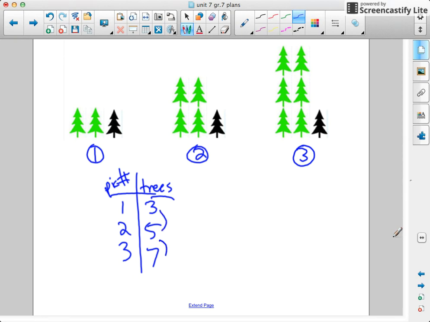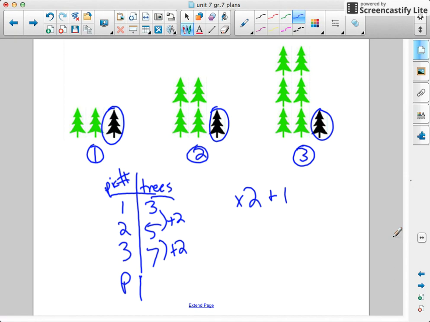So every time I'm increasing by 2 trees. So for every picture number, I could times the picture number by 2, since I'm increasing by 2. But I have a constant. This tree is remaining the same, just 1 tree. So I would have to add 1 to that. So if picture number was P, to find how many trees I would have, it would be 2 times the picture number plus 1. And that would be my expression that I would use.